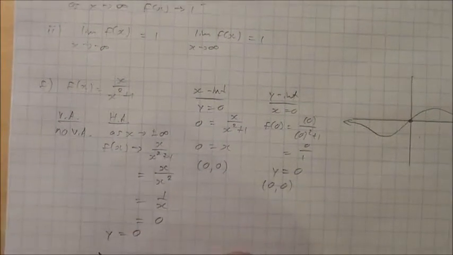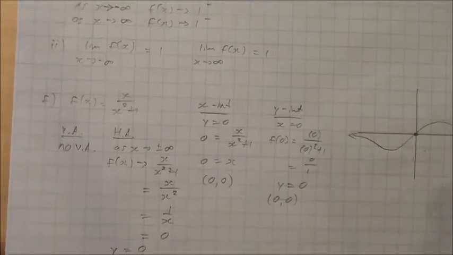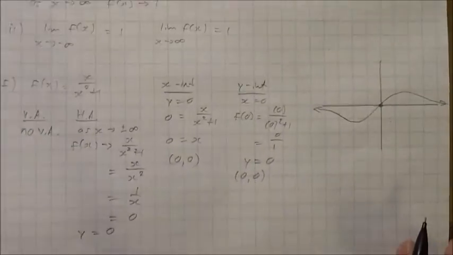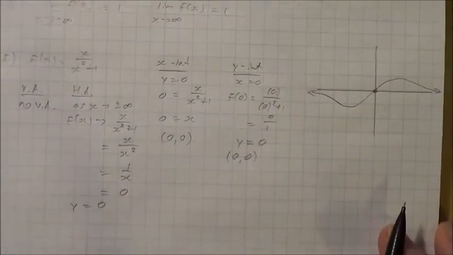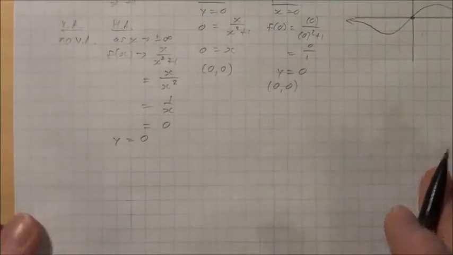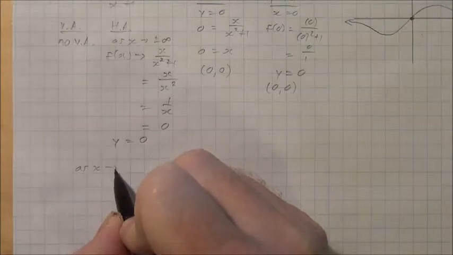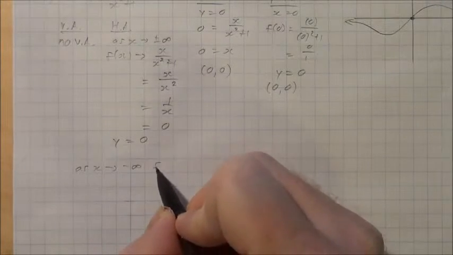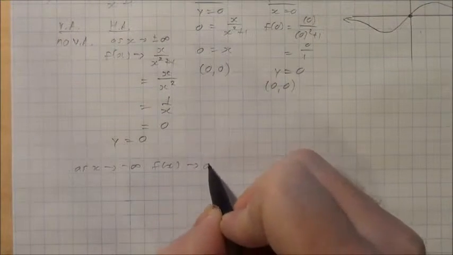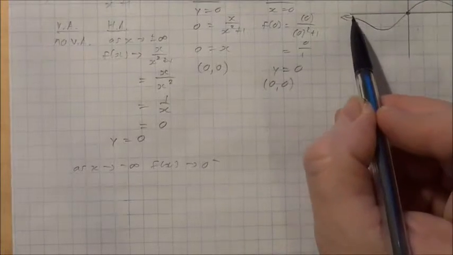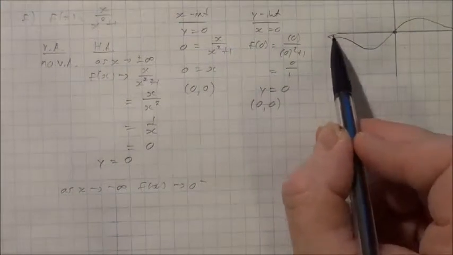And then we just analyze it by looking at a couple parts of it. As x approaches negative infinity, f of x approaches 0 from below. That's coming up from below here.